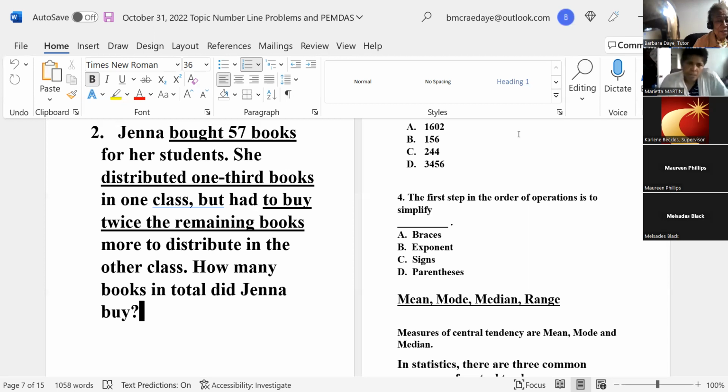Let's see. Well, I don't know what better way to do it. If I make an arrow.